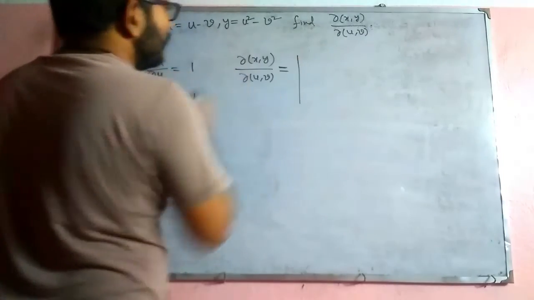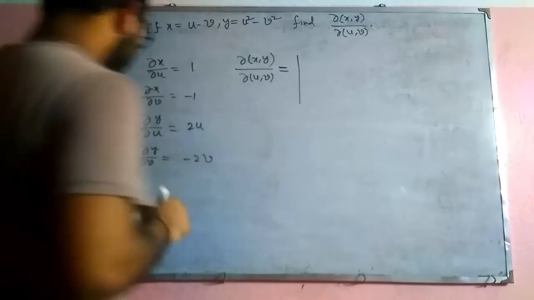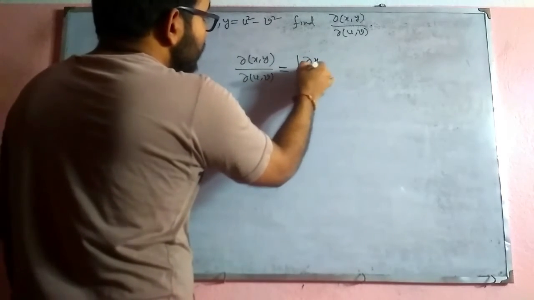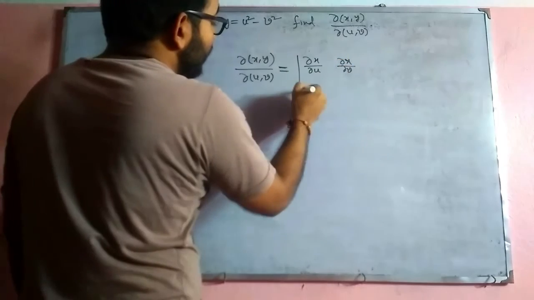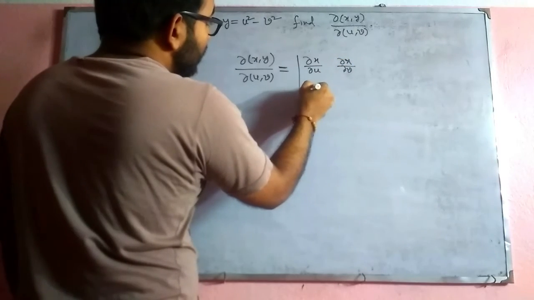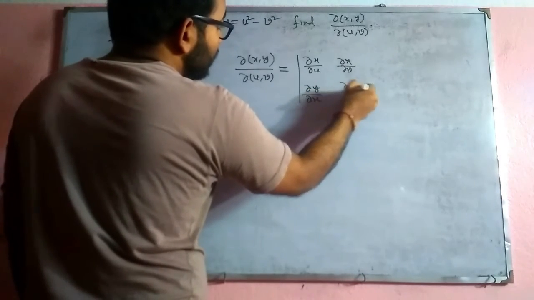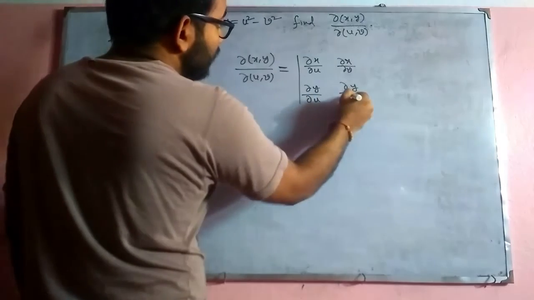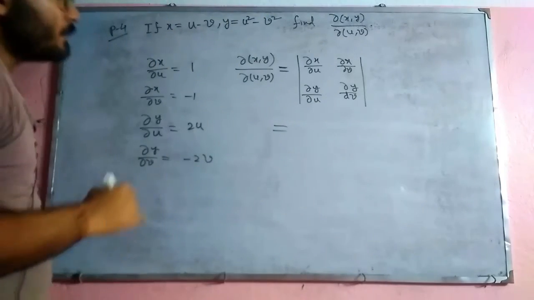First row is del x del u, del x del v, and my second row is del y del u, del y del v.